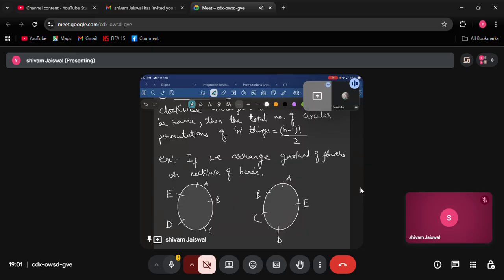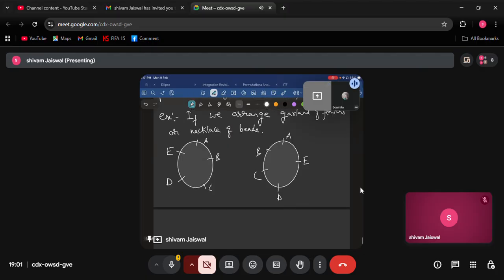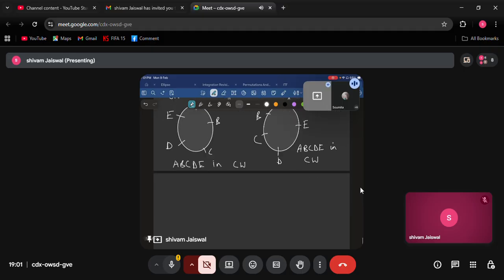So see, A, B, C, D, E in anti-clockwise direction, and this one is A, B, C, D, E in clockwise direction. Are both the arrangements same? Yes, sir. That is why we have to divide it by 2.